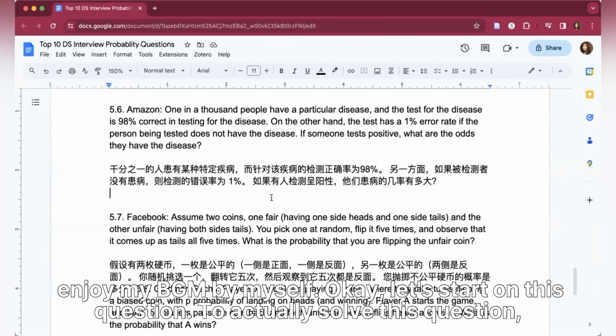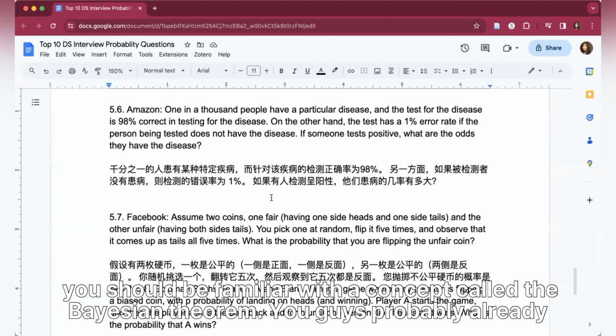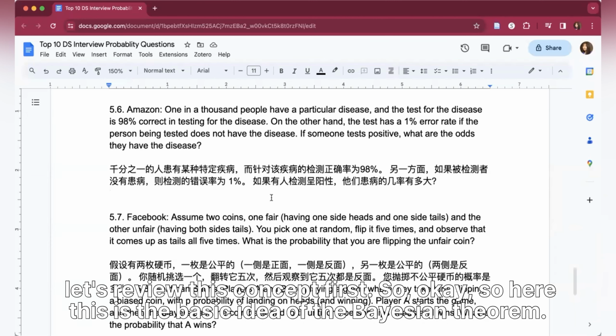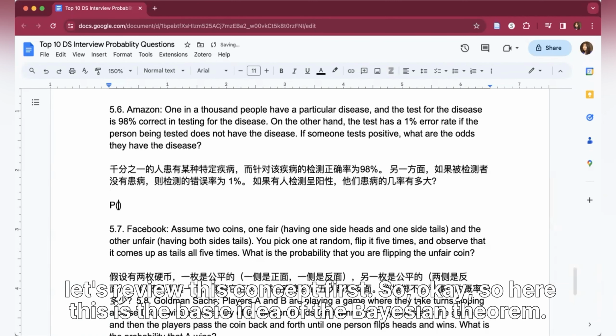Okay, let's start on this question. To actually solve this question, you should be familiar with a concept called the Bayesian theorem. You probably already know the theorem, but if you don't review it, you will forget it. So let's review this concept first.